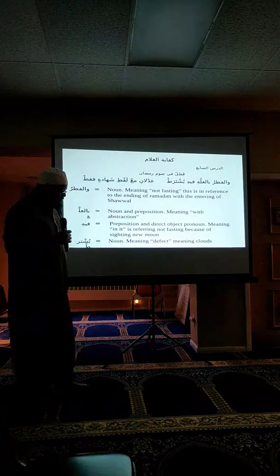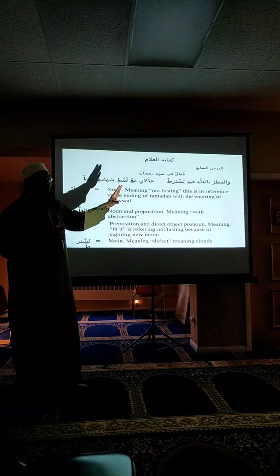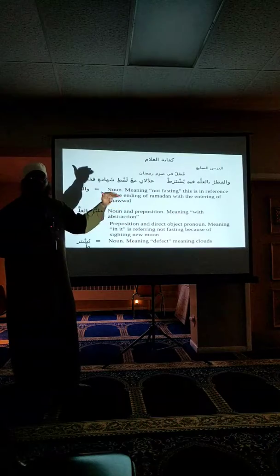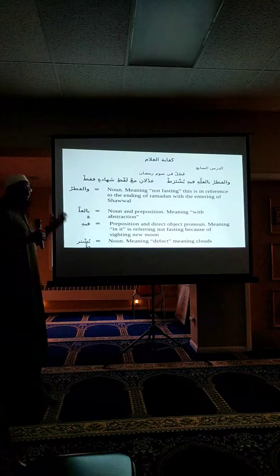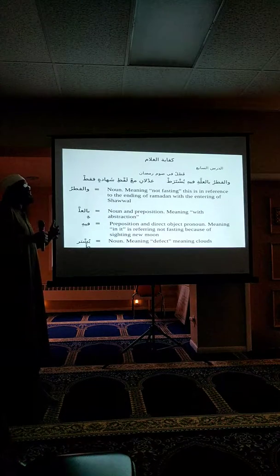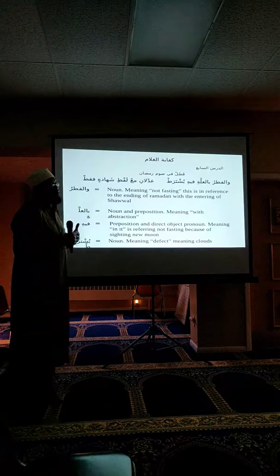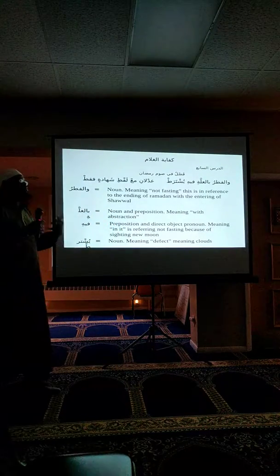Now, if you're looking at this and you're struggling to read this, not all of the words have the haraka or the vowel accents on them. There's a reason why I didn't put it on each letter.